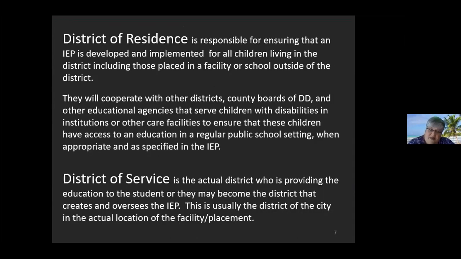So it would be remiss not to talk about district of residence and the district of service when we're talking about out-of-home placements or out of the regular school placement. So oftentimes our kids in Ohio end up in a different county or in a different school district. So the district of residence is the district where the parents live, where the student is from.